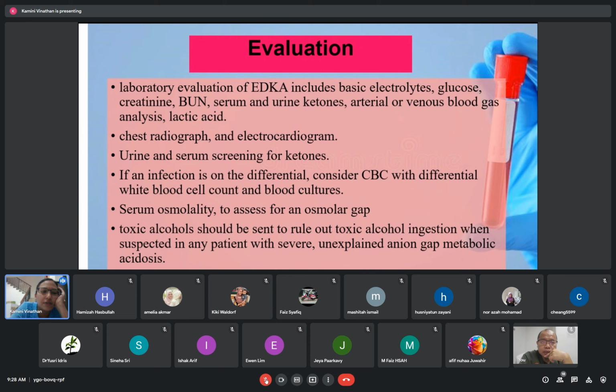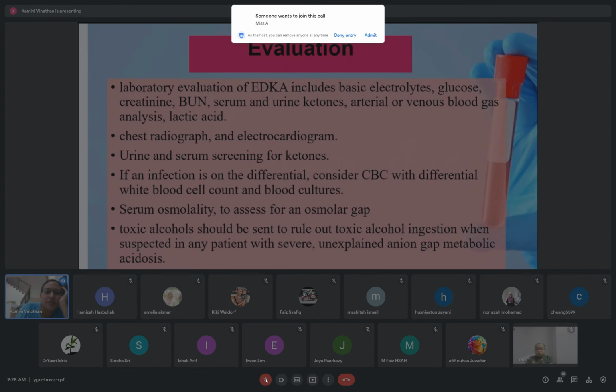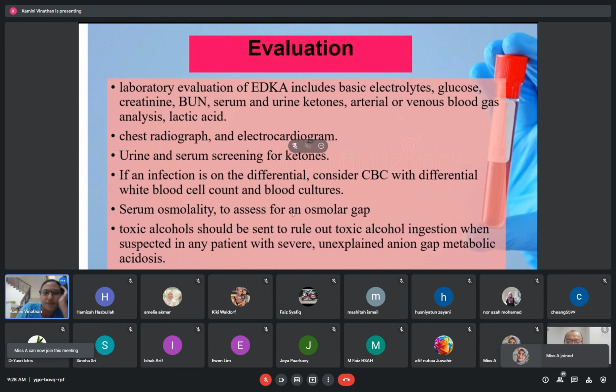So we have to check for full blood count and also send blood culture, calculate the anion gap, and serum osmolality, sent to rule out any toxic alcohol ingestion in patients suspected with severe and unexplained anion gap metabolic acidosis.